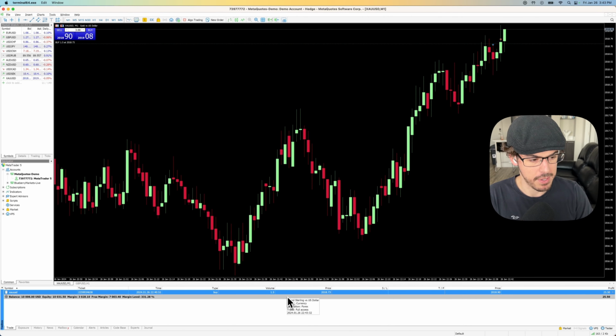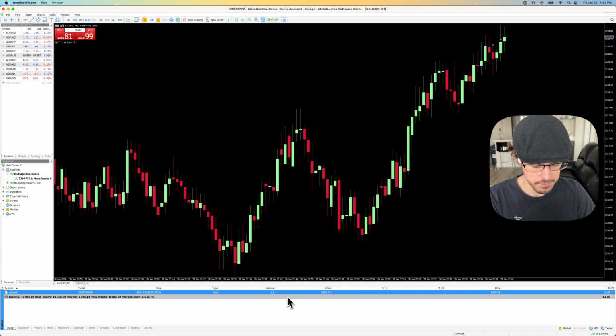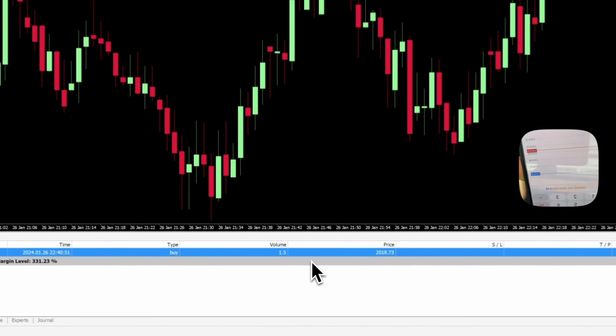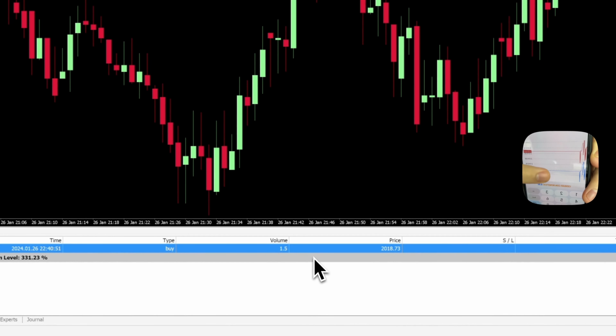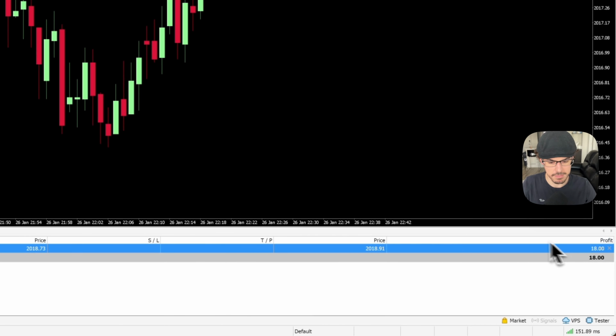On my phone, I'm going to close another half lot. And if I tap this, look at the value on the bottom right. Boom. I closed it. So now it's only one lot running at $18 profit.